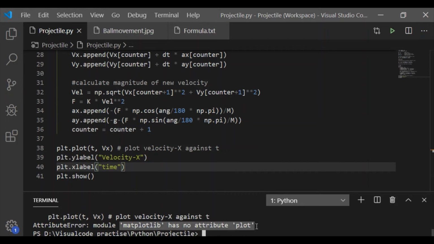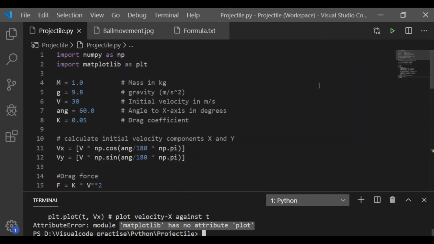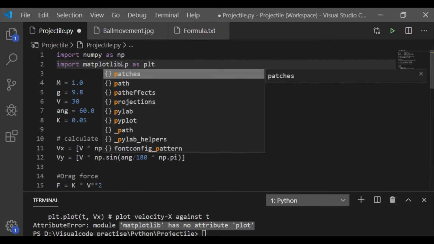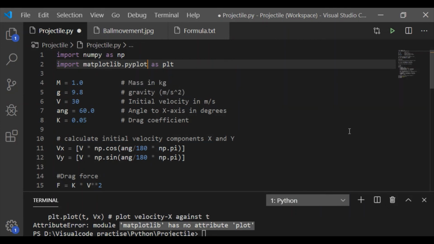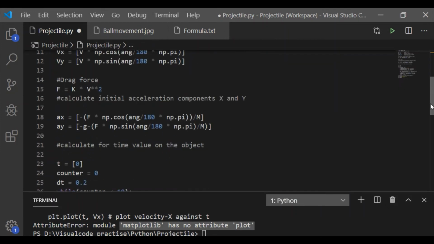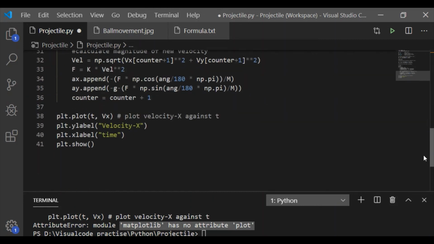So the error says there is no attribute called plot in PLT. For that, I should have imported matplotlib pyplot. Pyplot is the one which has these plot methods. So now we will execute once again.